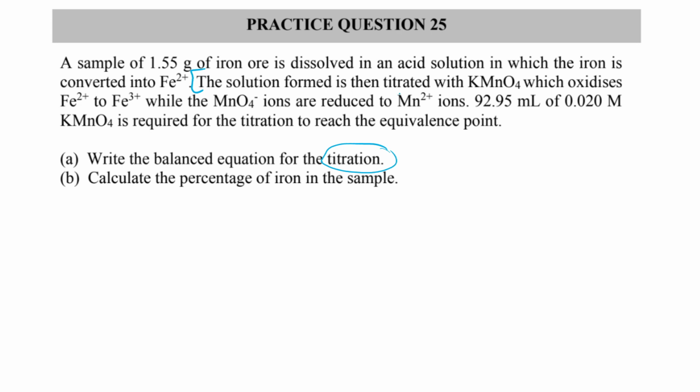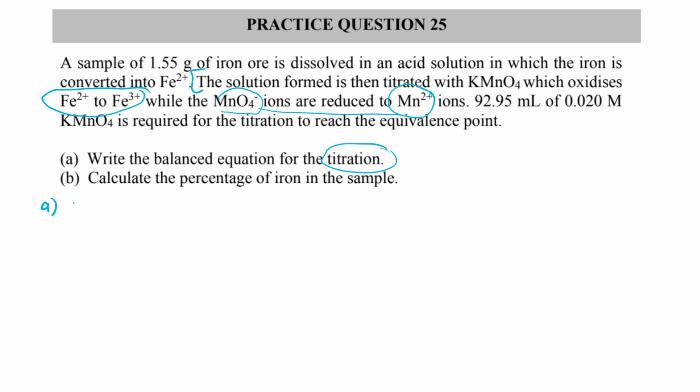The solution is titrated with KMnO4, which oxidizes Fe2 plus to Fe3 plus, while the MnO4 minus is reduced to Mn2 plus. Okay, ada dua half equation sana, satu ialah oxidation, satu lagi ialah reduction. So we will use those two half equations to form the overall equation, and calculate percentage of iron in the sample.